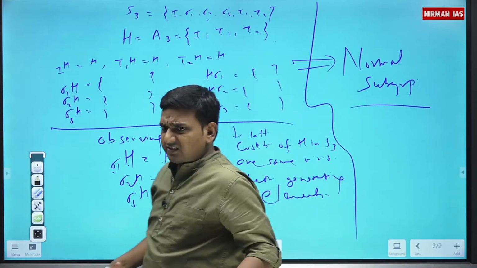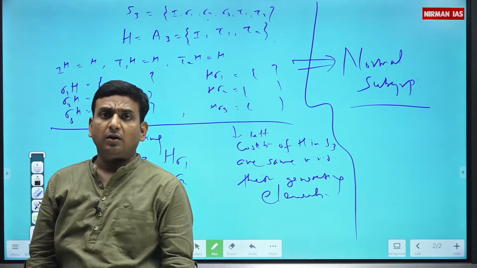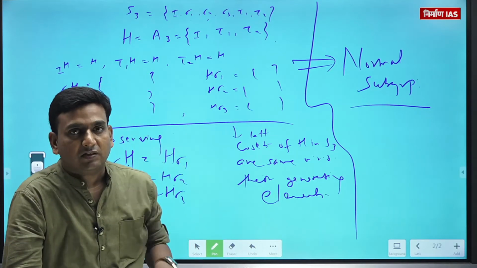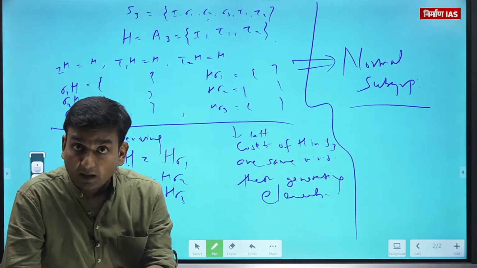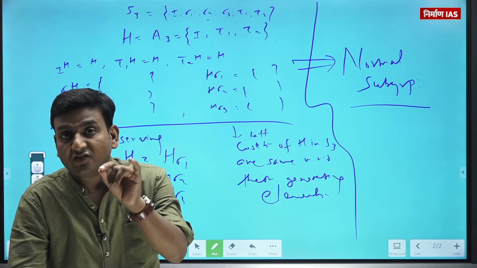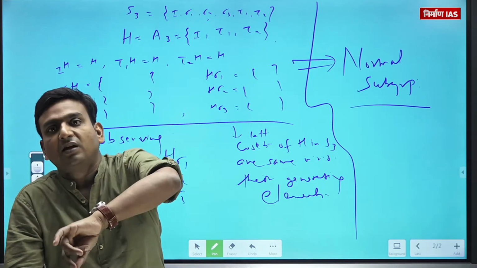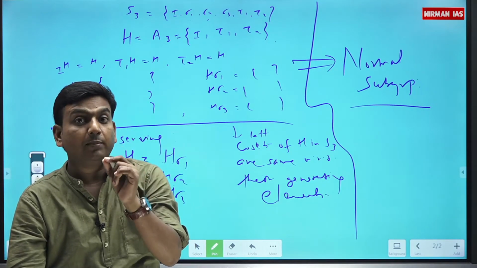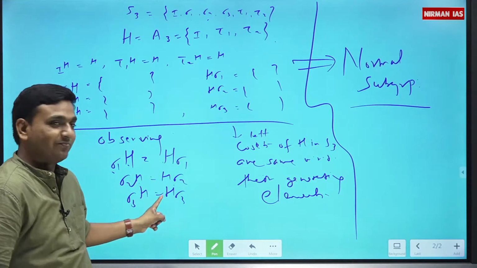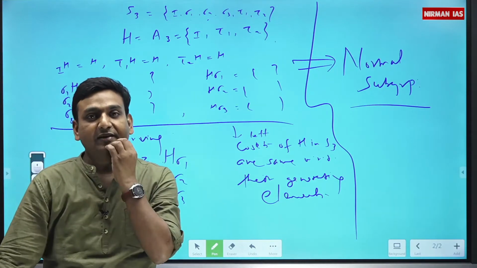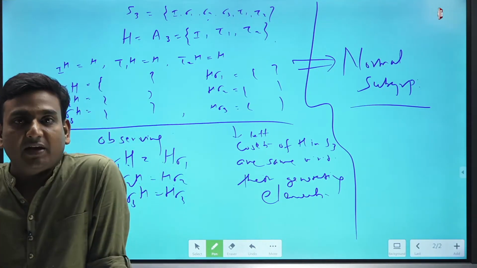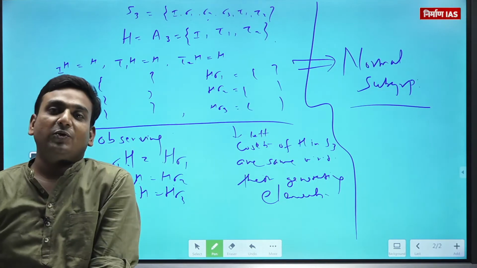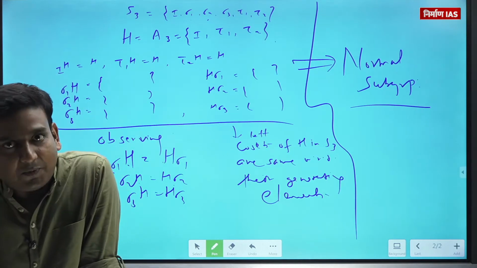So the visualization part is, if H is any subgroup of a group G, then if the left coset of H in G is the same as the right coset of H in G for each, I'm not saying for every, I'm saying for each element small h in capital H, then that subgroup is known as the normal subgroup.